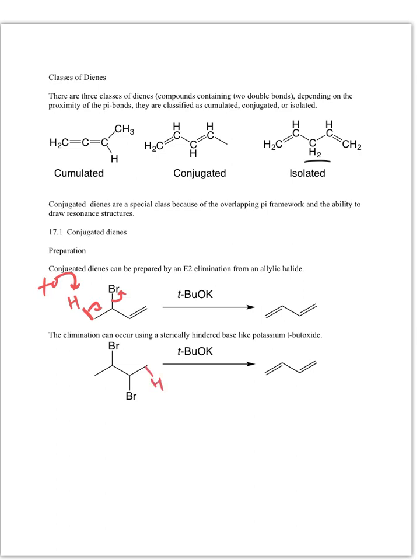We can do two eliminations at once with the t-butoxide, where we grab one hydrogen, form the vinyl bromide with the bromine on the next carbon, and then take off the other hydrogen to form the diene, doing two eliminations at once. Nothing fancy, stuff we did a long time ago.